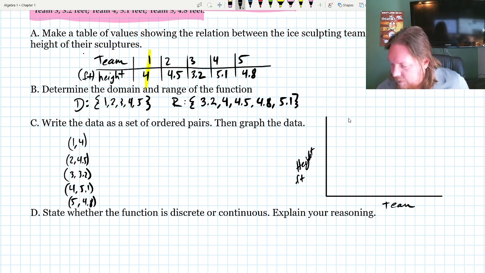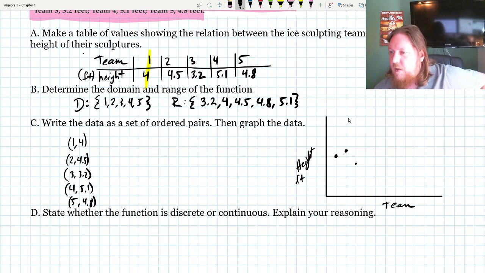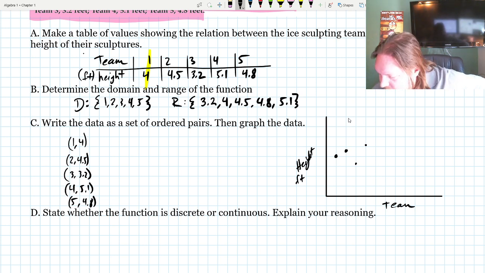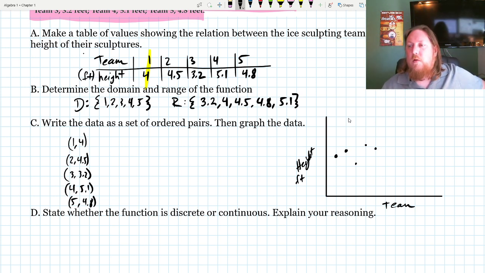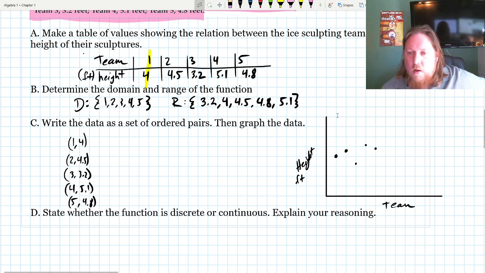So 1, 2, 3, 4 feet. Team 2 is 4.5 feet. Team 3 was 3.2, so it's going to be drawn a little bit closer to that 3 line. Team 4 is 5.1, just a little bit above the line there. And Team 5 is 4.8, so a little bit short there. And there we go. There is our graph.